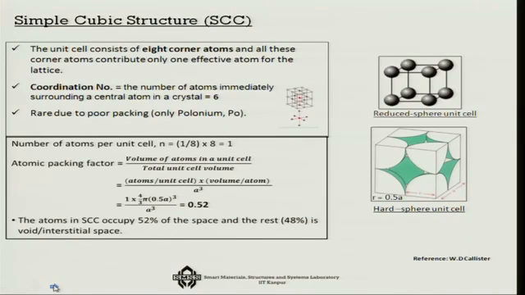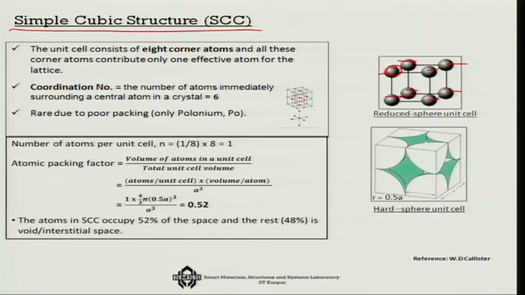So, let us first think of the simple cubic structure. Now, naturally in the cubic structure, if you look at it very carefully, you will see that it consists of 8 corner atoms, 1, 2, 3, 4, 5, 6, 7, 8. So, there are 8 corner atoms, and since each atom is shared by the neighboring lattice, there are 6 lattices.